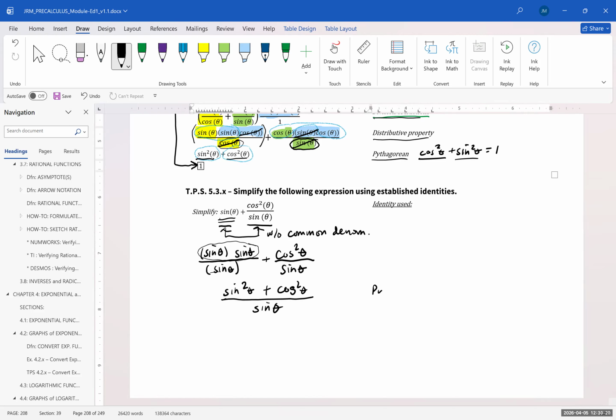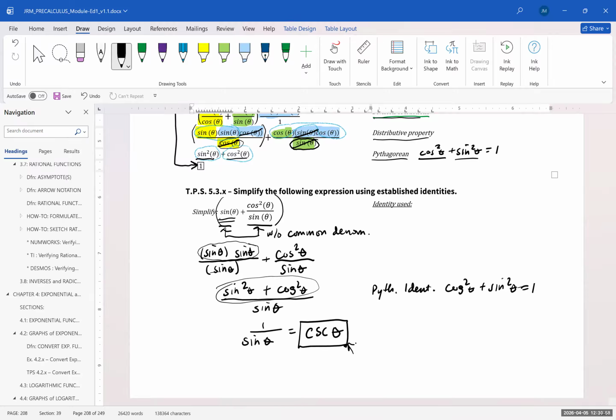And then we can use the Pythagorean identity of cosine squared theta plus sine squared theta equaling 1. So everything here in the numerator is going to be equal to 1. And what's 1 over sine theta equal to? Cosecant theta. So this whole expression at the beginning simplifies down to just cosecant theta.